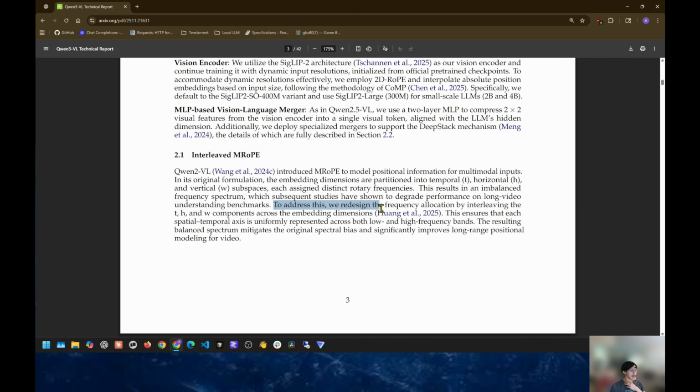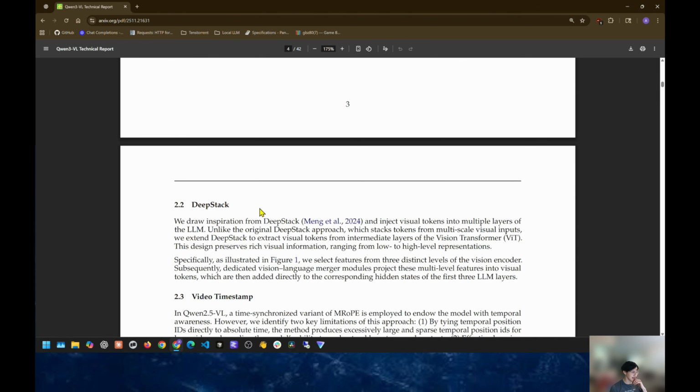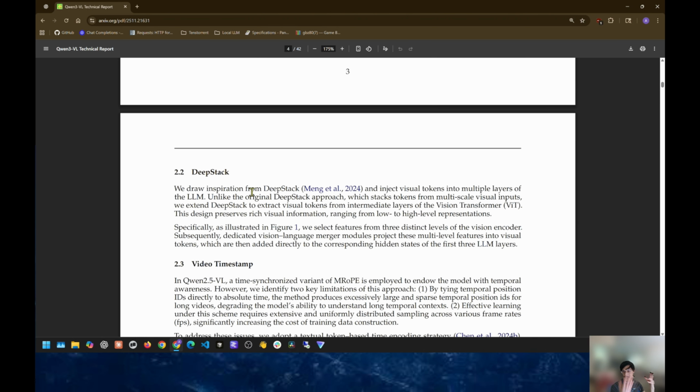To address this, we redesigned the frequency allocations by interleaving the T, H, and W components across the embedding dimensions. This ensures that each spatial temporal axis is universally represented across low and high frequency bands. The resulting balanced spectrum mitigates the original spectral bias and significantly improves long-range positional modeling for video. Not sure what that means, but that's the reason why I'm reading this, so I can pick out what I don't know and go deeper.